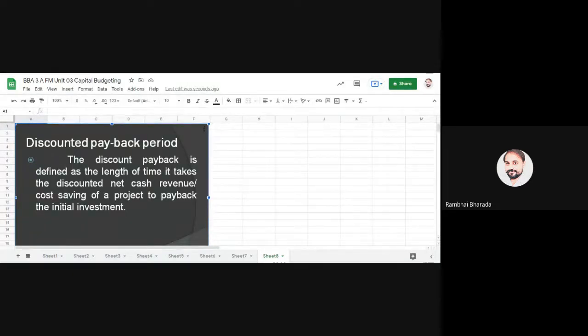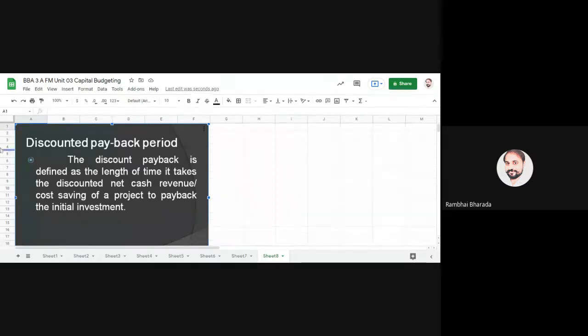So for that we calculate the discounted value or present value of each year based on the table or based on the calculation that we will do with the help of a simple calculator, and that is known as the discounting factor. The discounting factor is also known as hurdle rate or inflation rate.